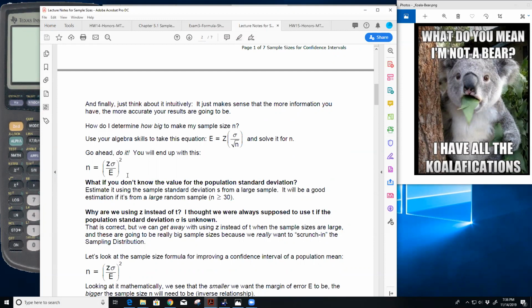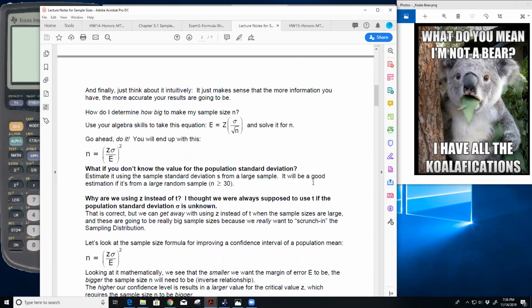So we got three different sample size formulas, and I want to make sure you don't think that they magically appeared out of nowhere. No, they're just rewritten formulas that we have for our margin of error E, that equal distance we went above and below our statistic to create our confidence intervals.